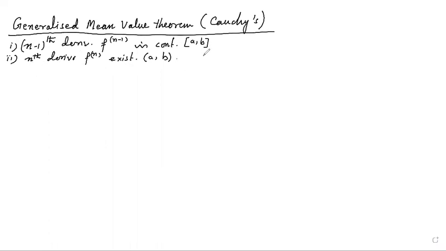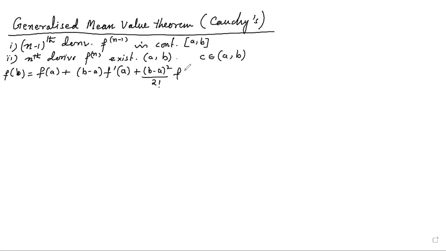If this happens, then there is a point c which lies between a and b, such that f(b) equals f(a) plus (b minus a) f'(a) plus (b minus a) whole squared by 2 factorial into f''(a).